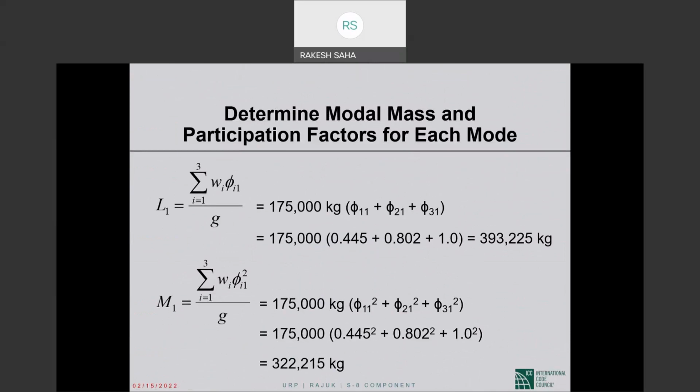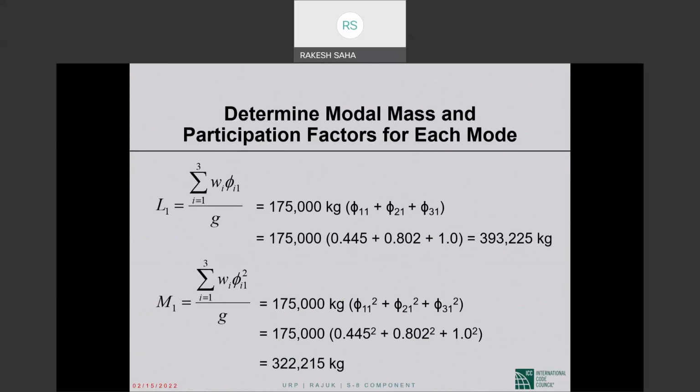Once we have our mode shapes, we will calculate the L and the M, and the modal mass for each of our 3 modes.